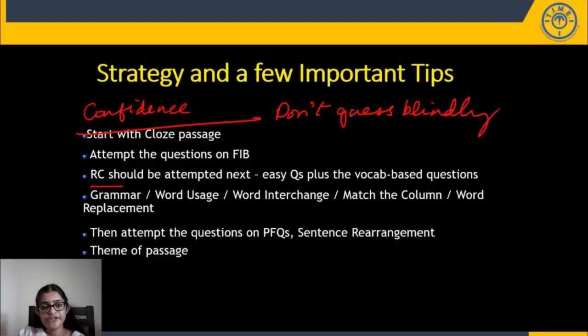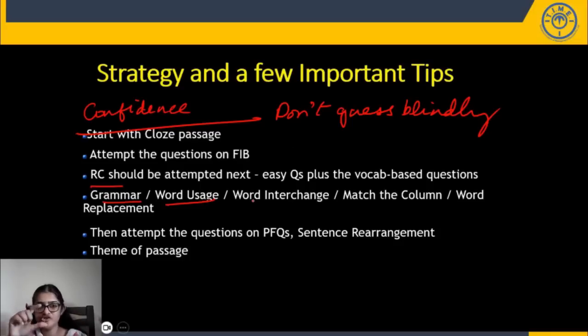Then after that, you may want to start attempting the questions which take time. Error identification, grammar. Now, if you are very strong in grammar, then error identification also can be done very fast. Word usage, where you have to identify the wrongly used word, so you will have to read multiple sentences.